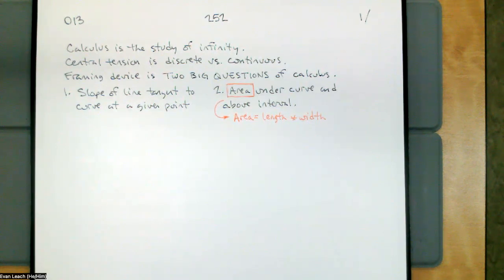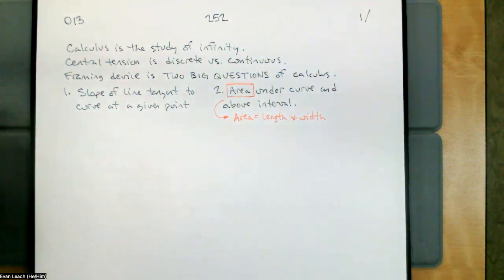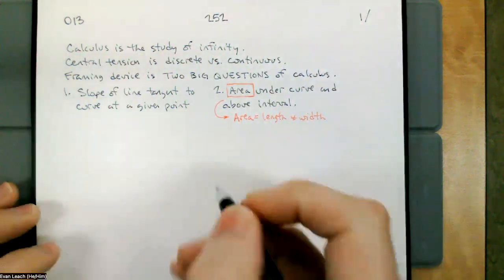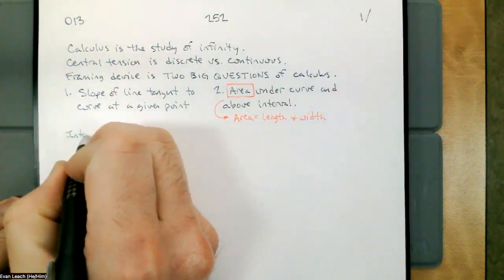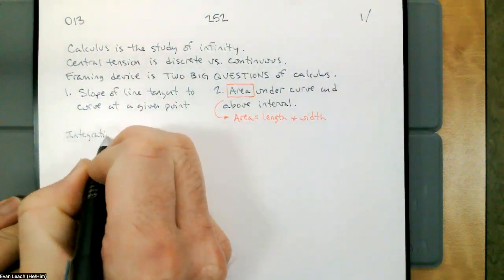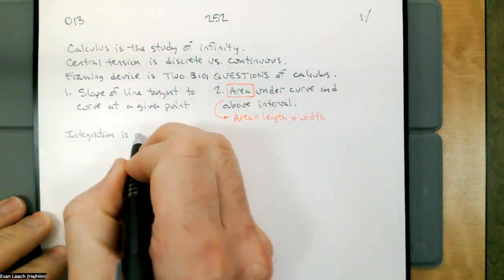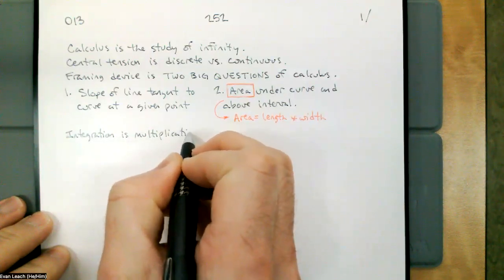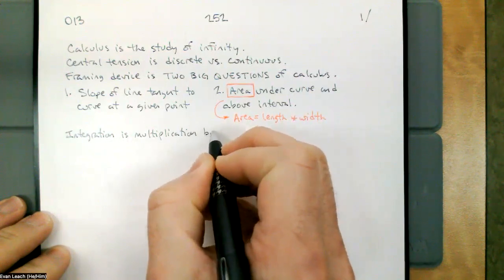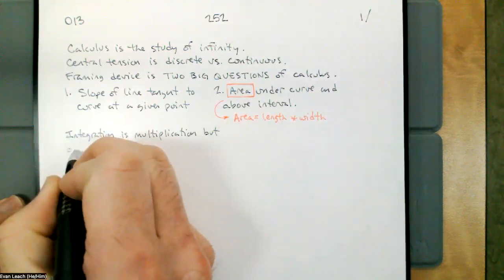Let's see what we mean by this. The way I like to think about integration is that integration is multiplication, but one of the factors is continuously variable. That's our baseline. Integration is multiplication, but one of the factors is continuously variable.